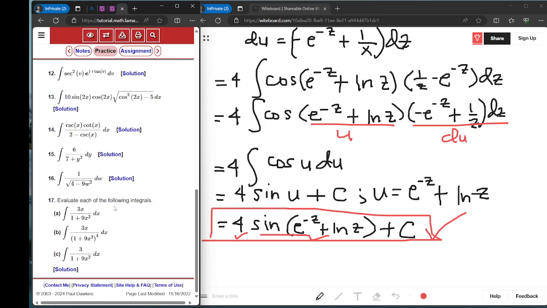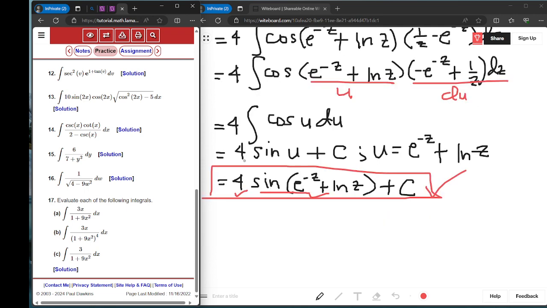So which problem shall we solve? I think this would be my last problem to solve.